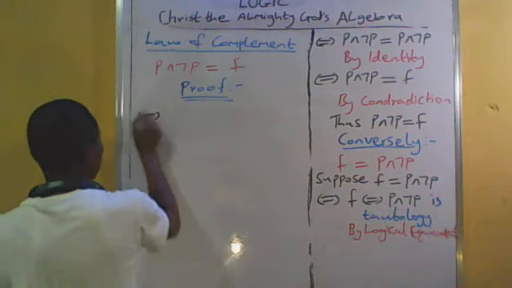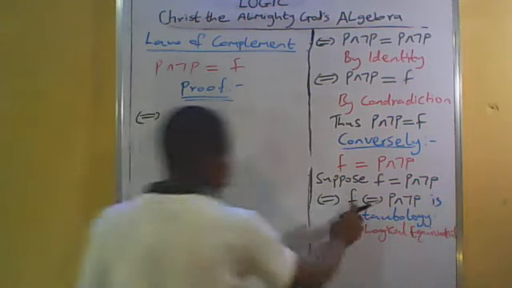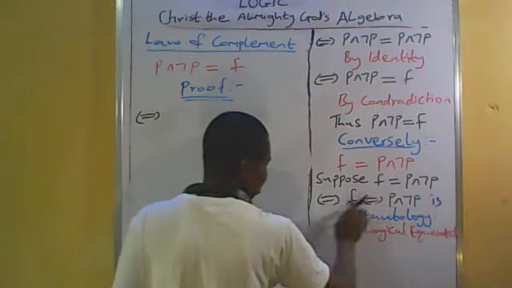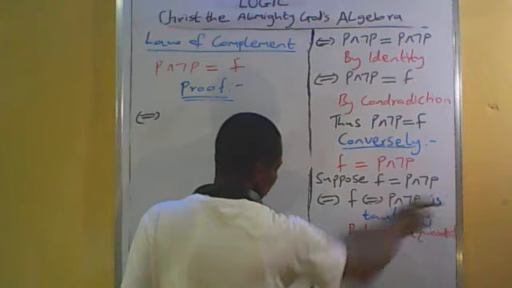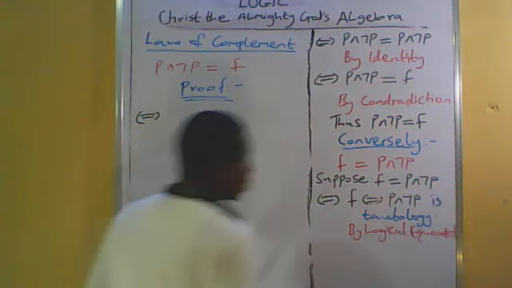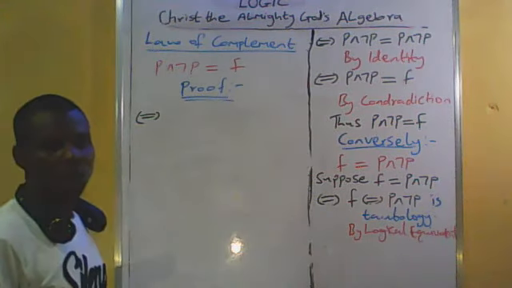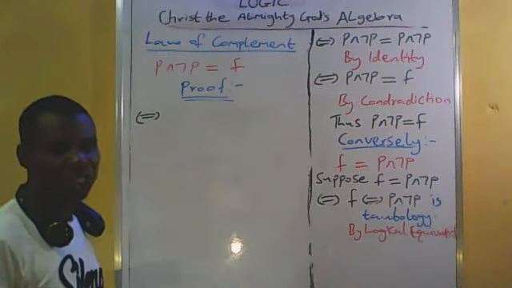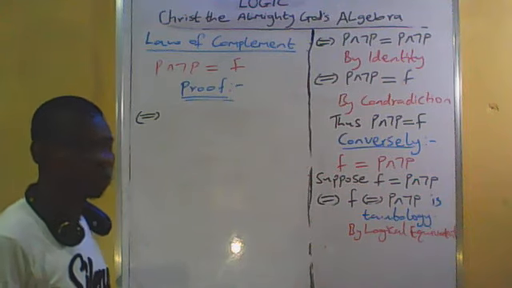If and only if, since this biconditional statement is a tautology, that means if and only if P and not P is a tautology, we can also transform it to a conditional statement and it will still preserve the tautology.